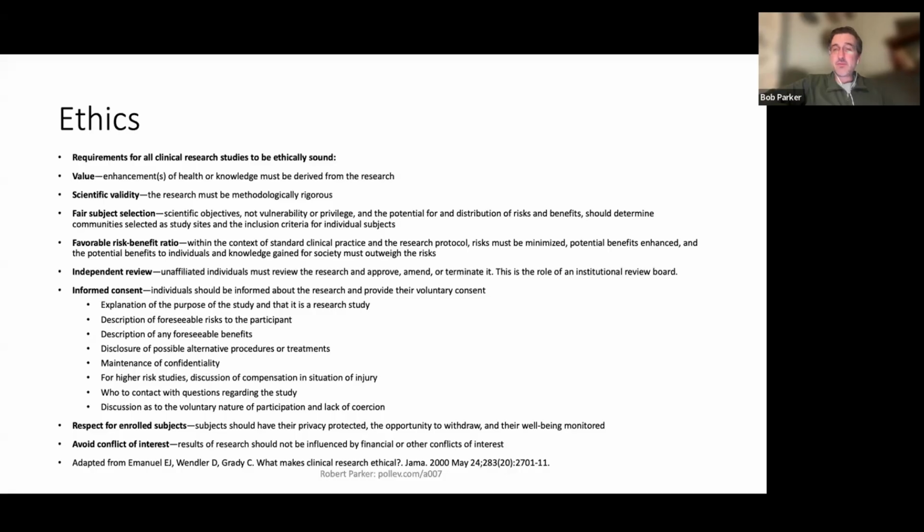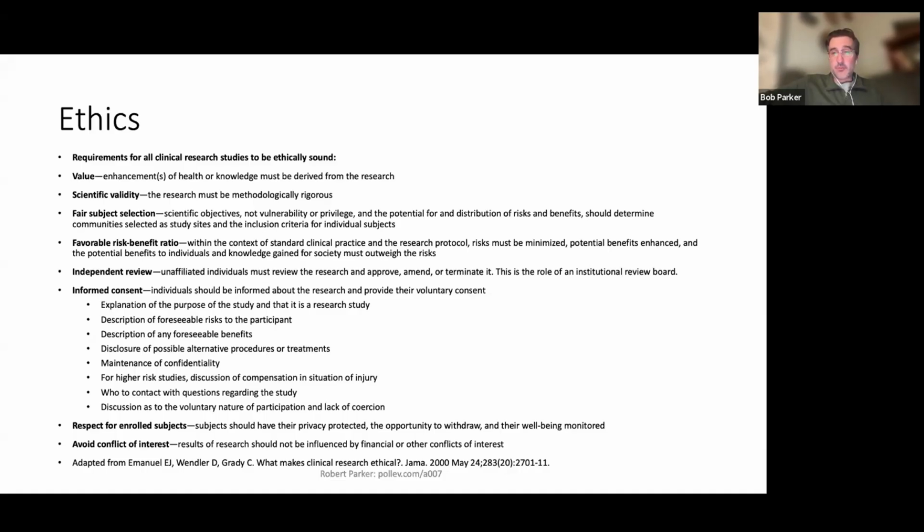It needs to have a favorable risk-benefit ratio, like the risk of discomfort or the risk of VTE. It needs to be worth the potential benefit. That ratio is difficult to define, but it certainly needs to be discussed, to say how you can increase the benefits and decrease the risk.